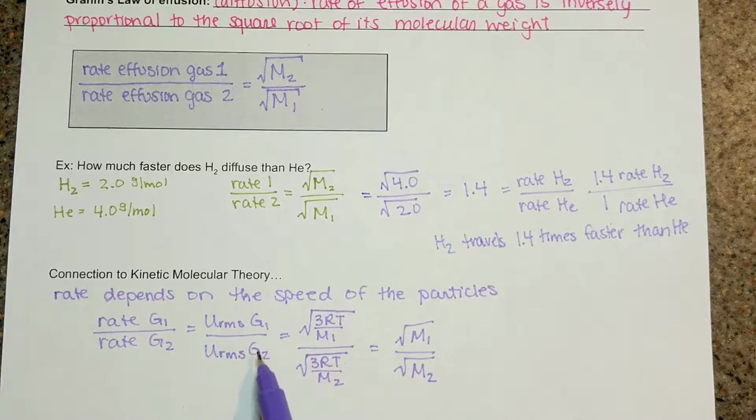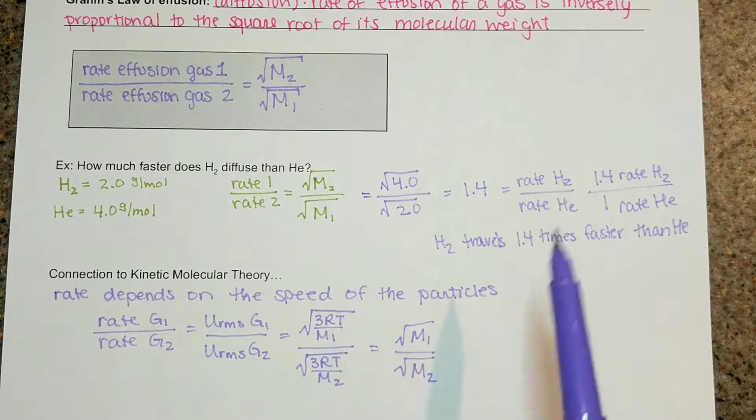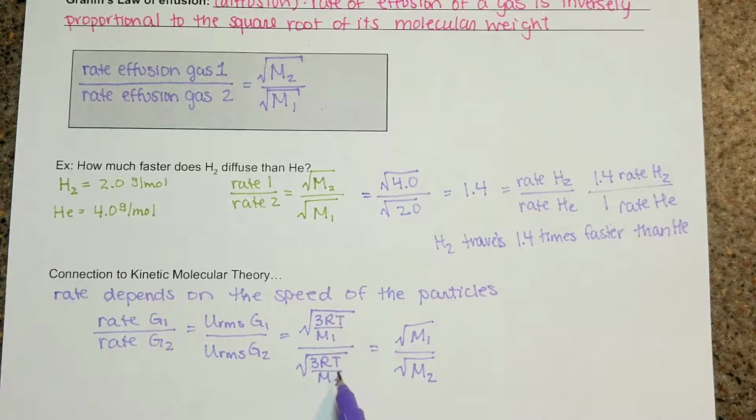So how fast things are going has to do with the square root of 3RT over M1. And the 3RT is constant on the top and the bottom, so that cancels out of the equation. And so we're just left with the square root of molar mass 1 over the square root of molar mass 2. It's kind of cool to see that these things come about.